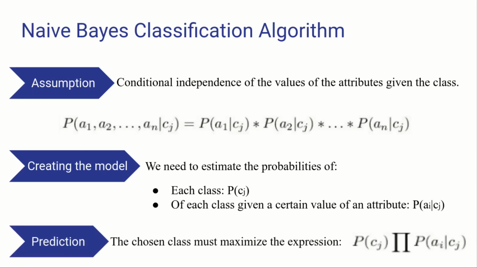And the class, which is the result of our prediction, must have the maximum value of this expression. If you calculate this same expression for all classes and all attributes, the class which has the maximum value is the one that is most probable.